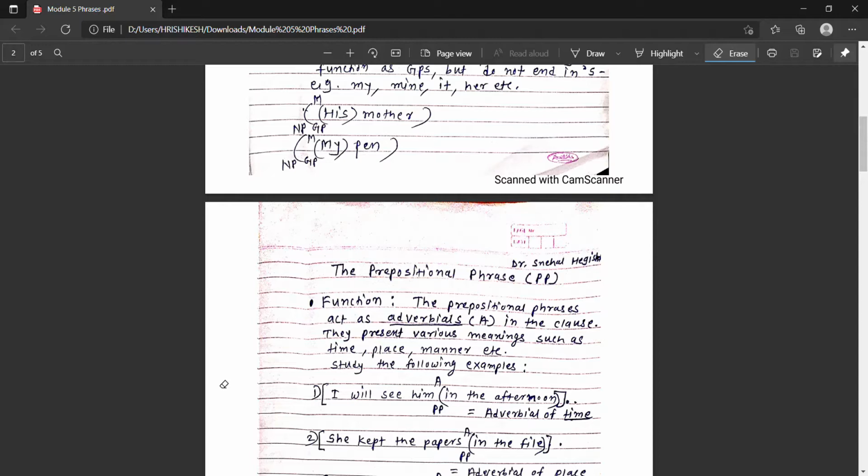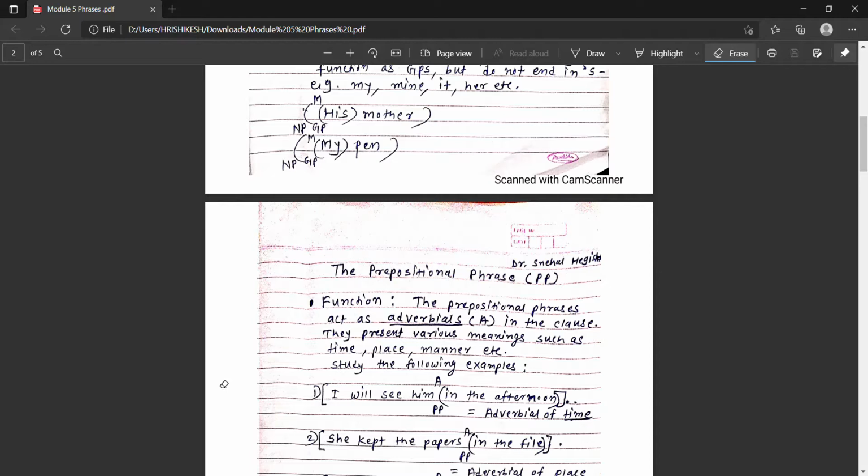So adverbials generally talk about time, place, manner. In the chapter on words we have discussed adverbs, showing time, place, manner, cause, frequency. So that table we have discussed.